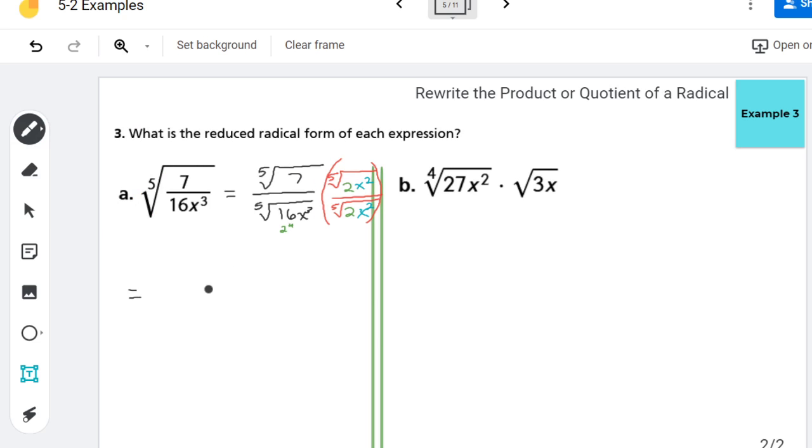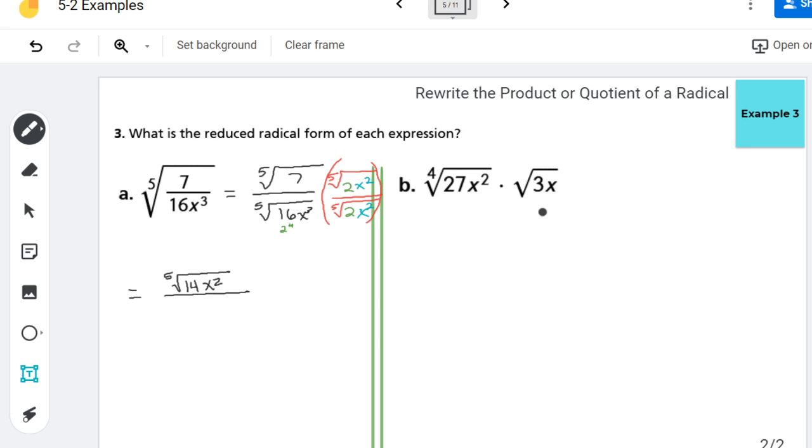Alrighty, so now let's multiply it together. Up top, we're just combining that into a single radical. So I have a 5th root, 7 times 2 is 14, and then I have an x squared. Down below, police are knocking. They're breaking up our party.